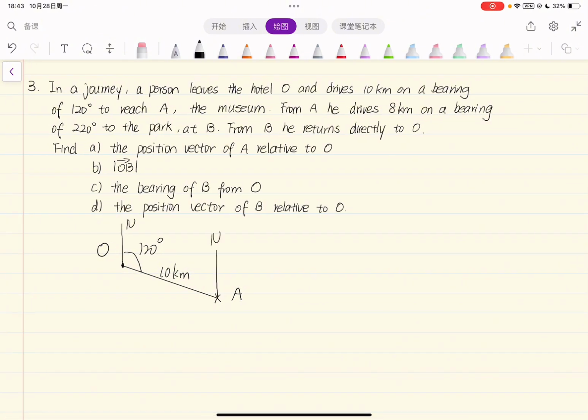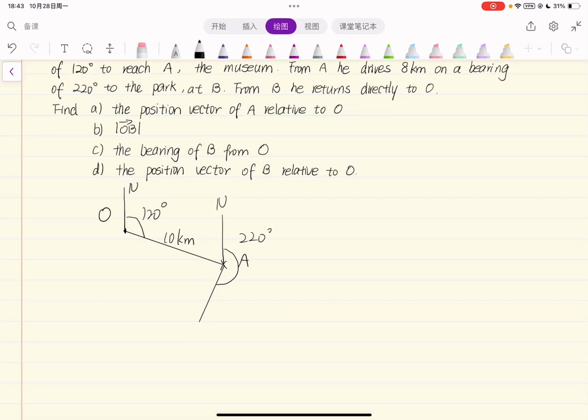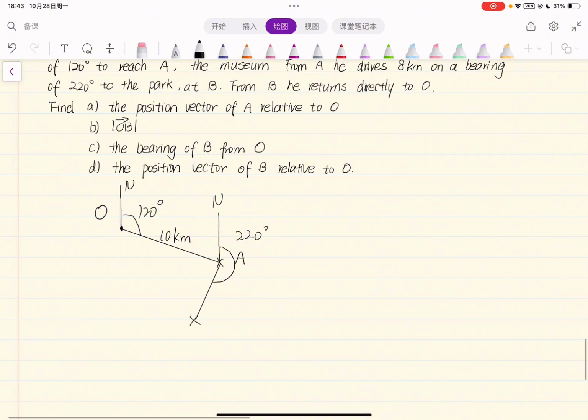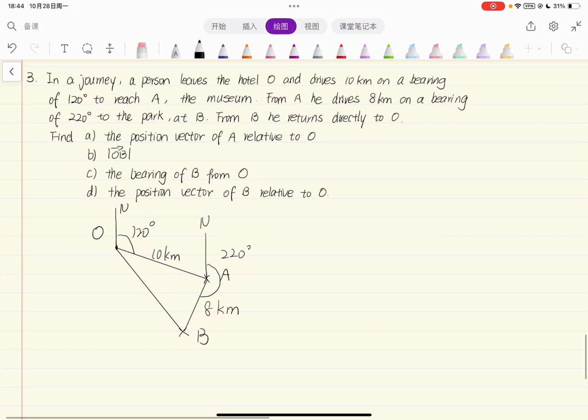So we have the north and clockwise 220 degrees. The length should be 8 kilometers. So it seems like that. We have the point B. And B returns directly to O, so we link point O and B. Yep, we have done the sketch.